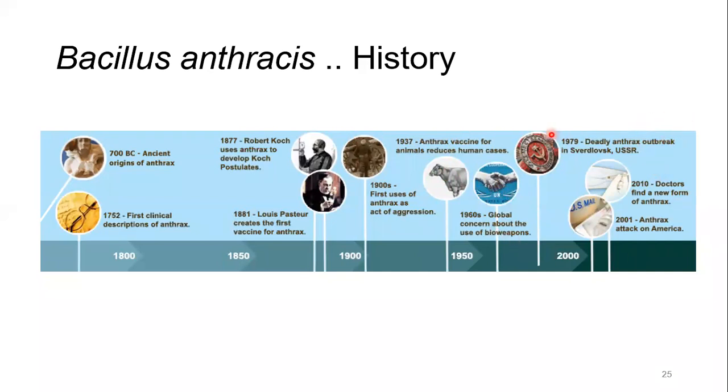Then there was an outbreak in 1977. In 2001, again, there was an attack in the Americas, and there's a new form of anthrax, which was first described in 2010. That's mainly in people who use illegal drugs by injection.